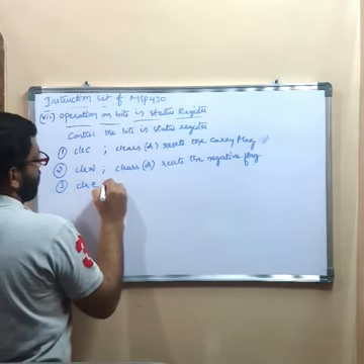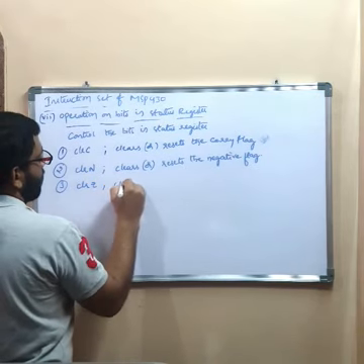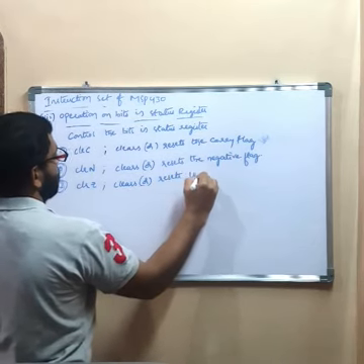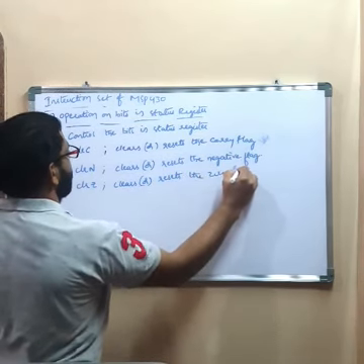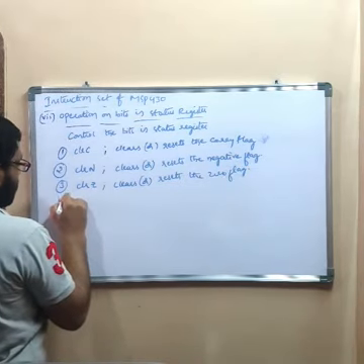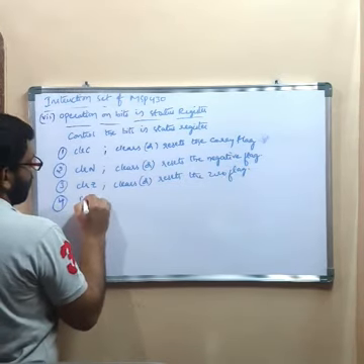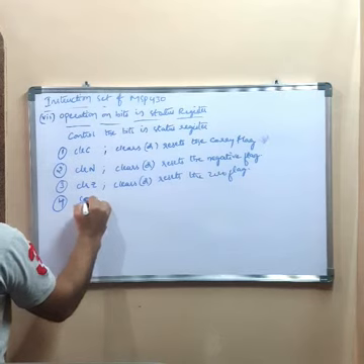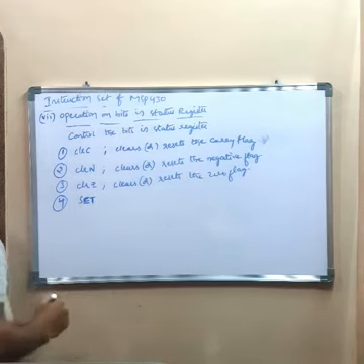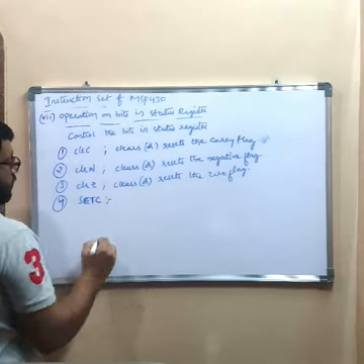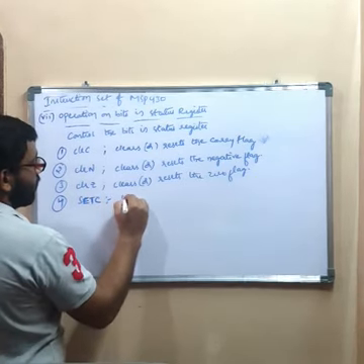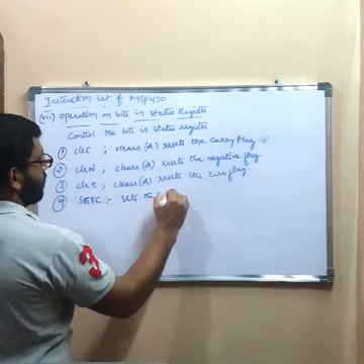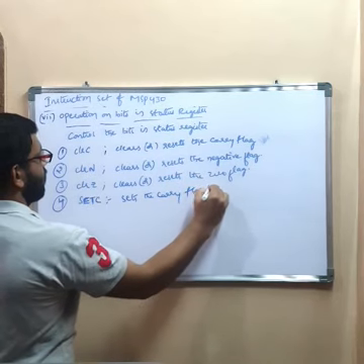Next, CLRZ, clear zero flag. It clears or resets the zero flag bit. Next, set carry flag, SETC. It sets the carry flag bit.